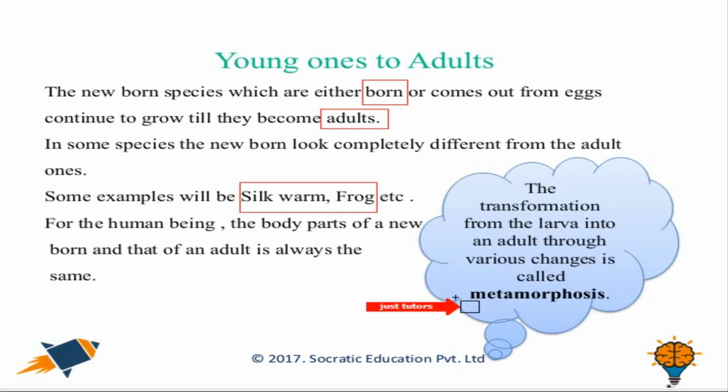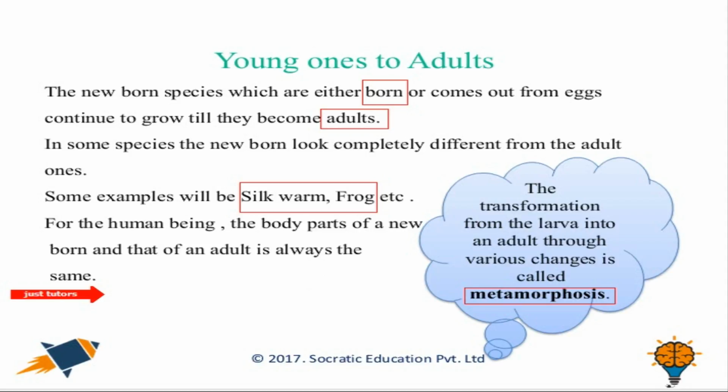So we have another keyword, which is the result of the life cycle of a silkworm from the larva, the born egg, or you can say the born organism, to an adult. And here we have the same example. In human beings, the body parts of a newborn and that of an adult are always the same.